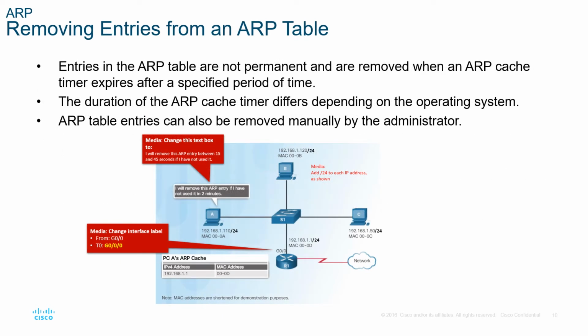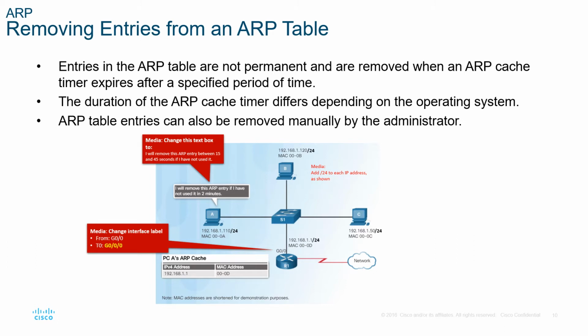To remove entries, there's a clear command for ARP if you want to remove entries from the ARP table, but there's also an amount of time after which entries age out of the cache memory. Entries in the ARP table are not permanent and are usually removed as the time expires.